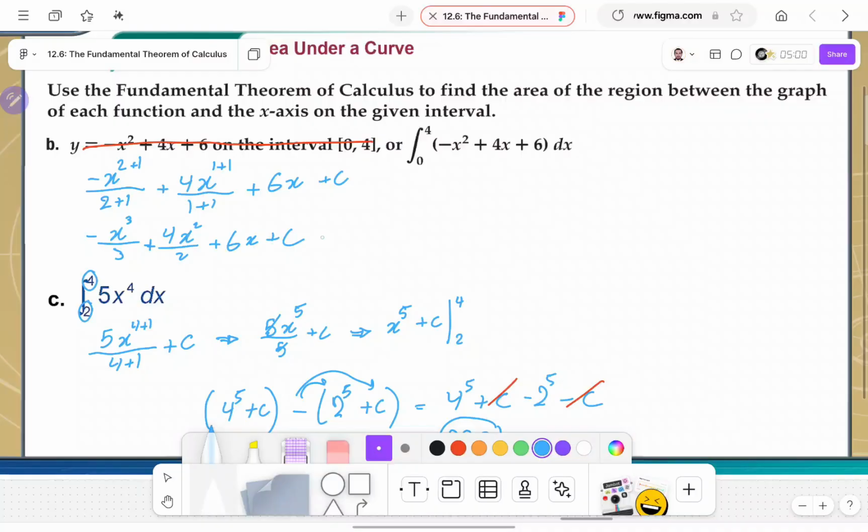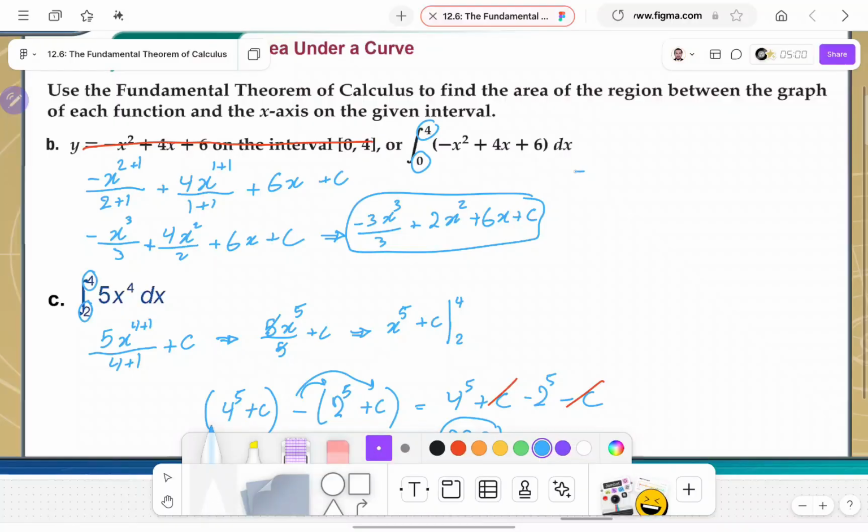We can still simplify, so now the final will be negative x to the power of 3 over 3 plus, 4 divided by 2 is equal to 2, so 2x to the power of 2, plus 6x plus c. So we finish now if the question is indefinite, but the question has a and has b, so I have to substitute now.